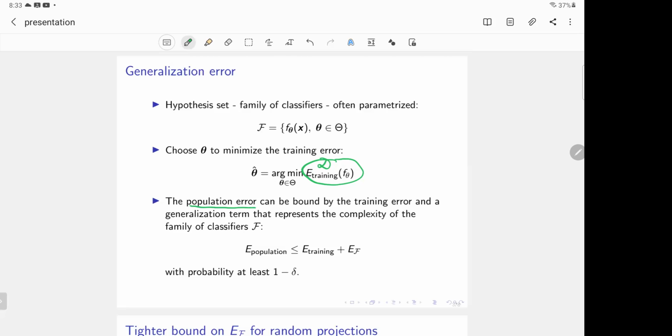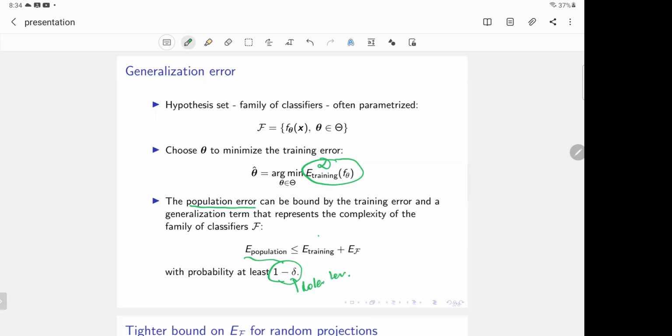If we assume that our data are generated by a probability distribution on some data space, then the population error is the error that the classifier would make if it had to classify every point in that data space. And it can be bound, with high probability, at least 1 minus delta, where delta is our tolerance level.